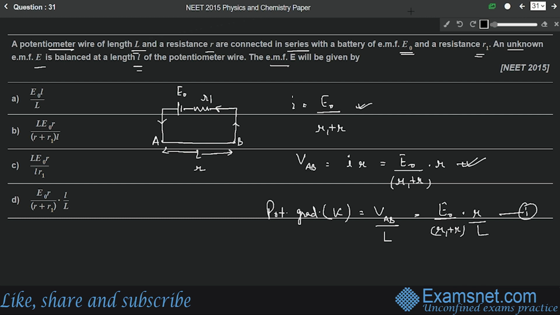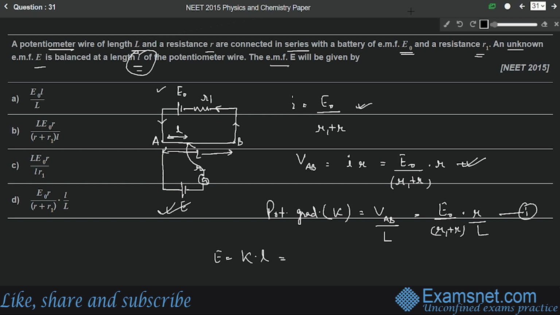Now what happens? An unknown EMF E is balanced at a length small l of the potentiometer wire. Initially there was an EMF E0, but now an unknown EMF E is balanced at a length small l. So let's say this is your unknown EMF E that is balanced. This is the galvanometer at a length small l. This is the length small l of the wire. So what will be the EMF E? That EMF will be equal to potential gradient into this small length l.